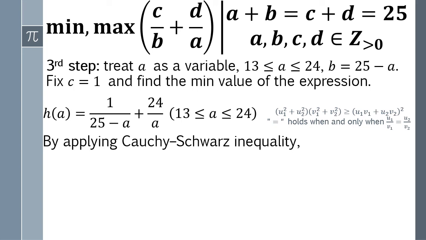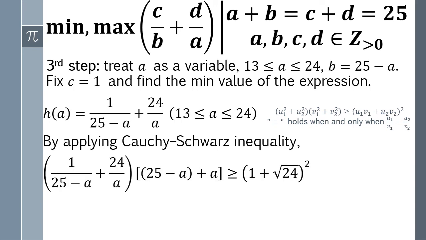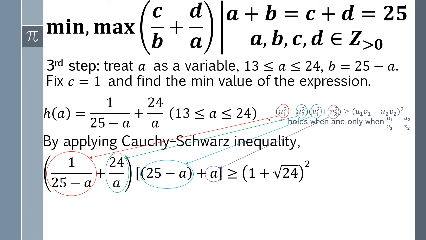For example, in this case, I'm going to choose 1 over (25 minus A) as u1 squared, 24 over A as u2 squared, and 25 minus A as v1 squared, A as v2 squared. Then v1 squared plus v2 squared becomes 25 minus A plus A, which is 25. It's a constant.